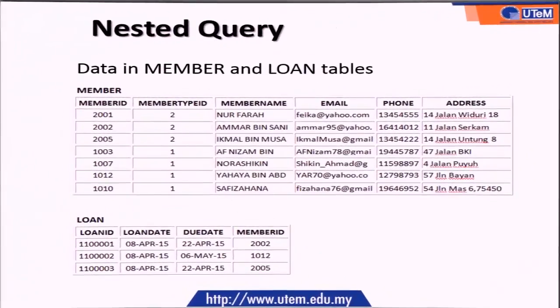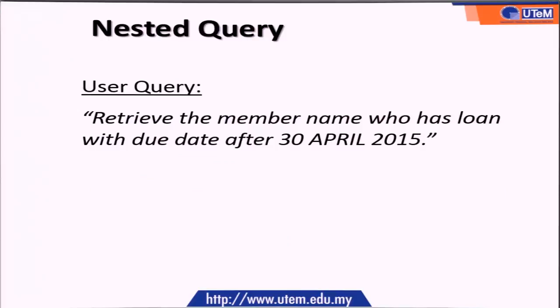To demonstrate nested query, let's look at the member and loan table of the library management system. And assume that we have a query that asks for the member names who has loan with due date after 30th April 2015. This query can be solved in the following steps.